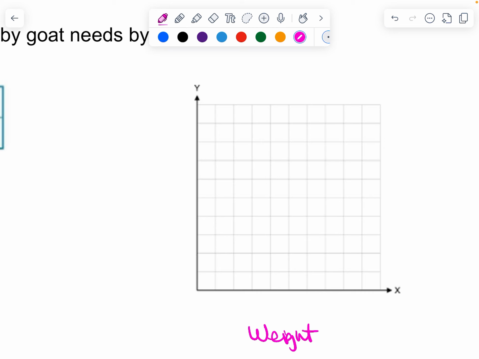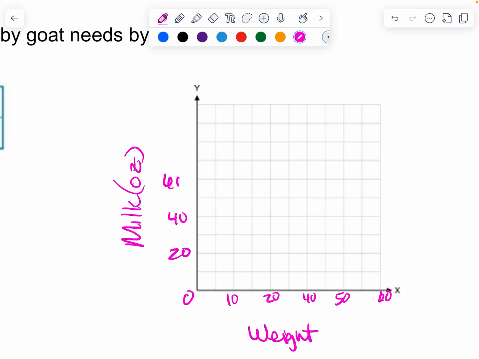And hopefully I did a big enough graph this time. 10, 20, 40, 50, 60. And then over here, we're going to do milk in ounces. And we're going to start at 0 and go 20, 40, 60, 80, 100.